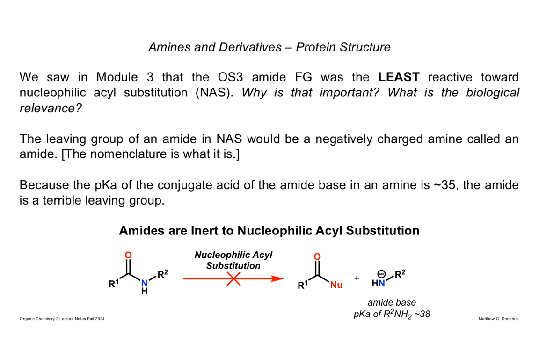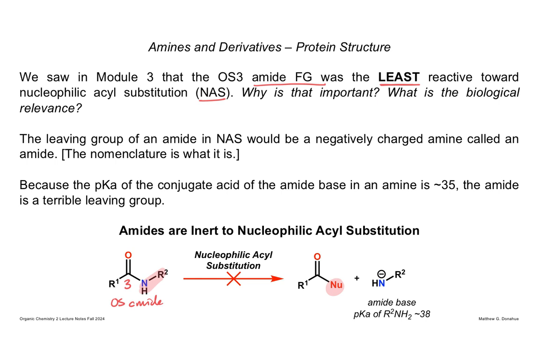We saw in Module 3 that the amide functional group was the least reactive towards nucleophilic acyl substitution. So again, there's oxidation state 3 of the amide. And we saw that if you're starting with an amide, it's really hard to substitute that for another nucleophile.